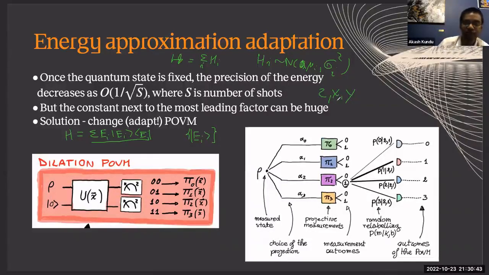Because in the case of POVM, we don't need to know the eigen decomposition. And what we also have is that in our case we will have unbiased energy estimation.